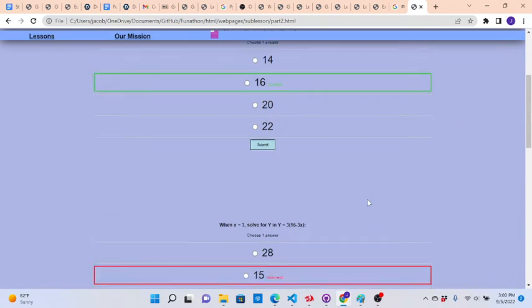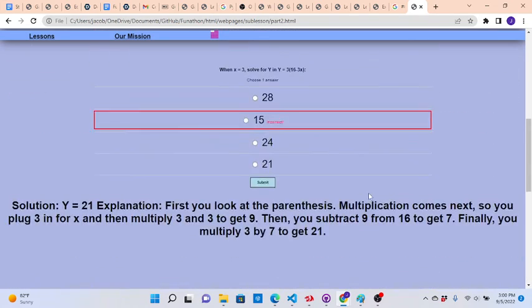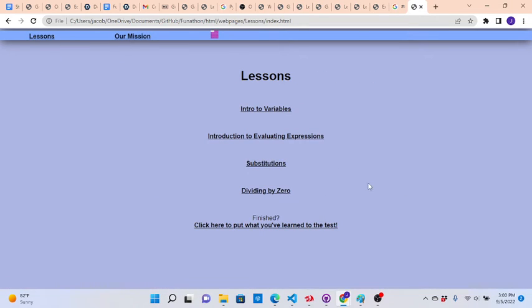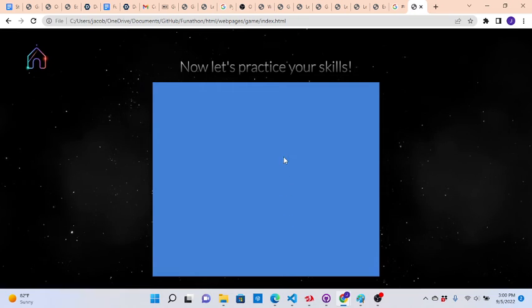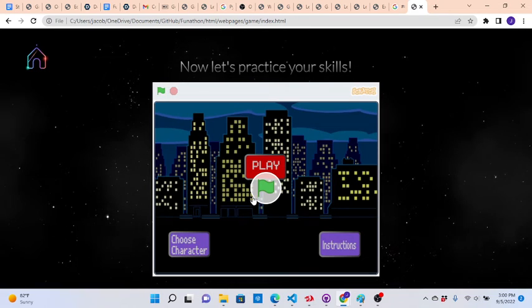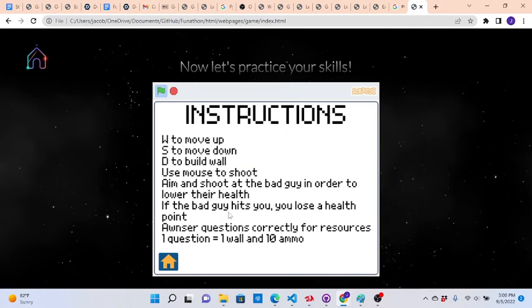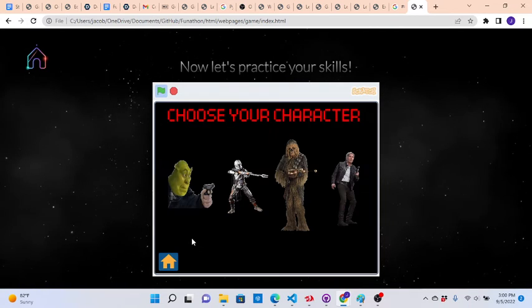Okay, so we've got our lessons, but your question may be, what happens after the lessons? Well, when students have finished learning the lessons, they can choose to go to our review. We've chosen to make a game made in Scratch as our review. So in here, we've got our instructions for how to play our review game.